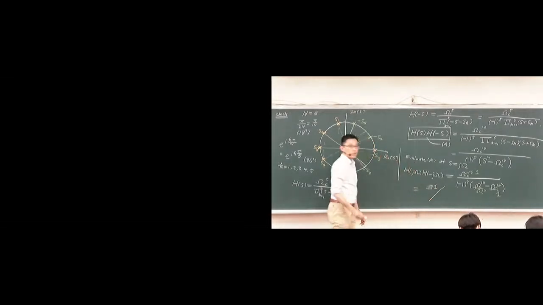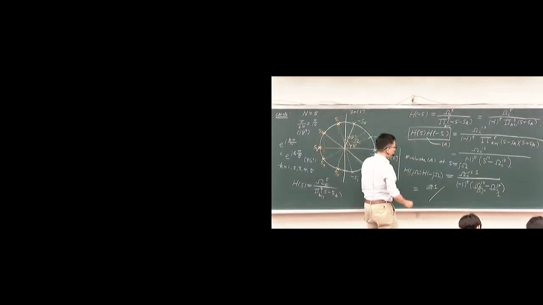So on top, now we have 1. At the bottom, what do we have? At the bottom, we have minus 1 to the 5th power and minus 1 plus j.